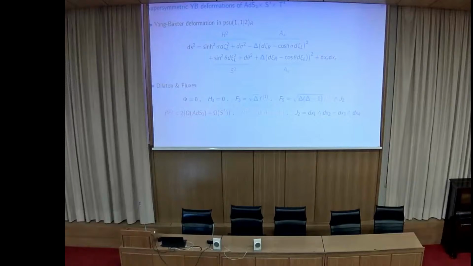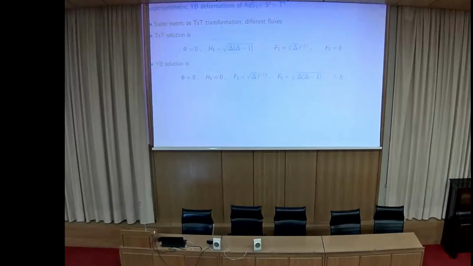The metric is very similar to what we have already seen for one of the TsT transformations, namely there will be a squashing of the sphere and also a warped AdS3 factor in the geometry. One can also obtain the dilaton and the fluxes in that case, and again it is some combination of the volume form and of the Hopf fibers.